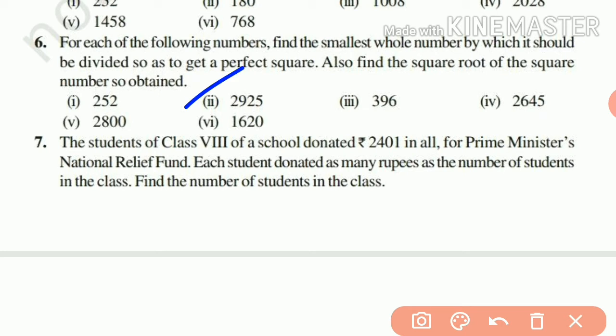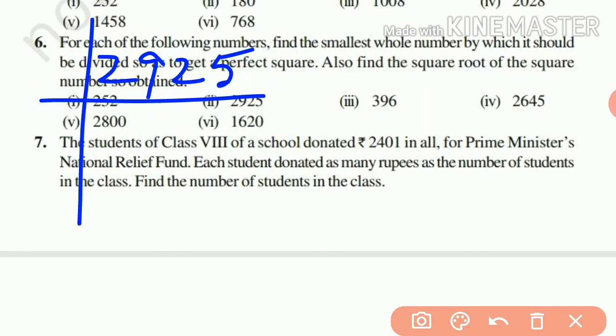2925. We will factorize 2925. So let's start. We will divide this number by 3. It becomes 975.